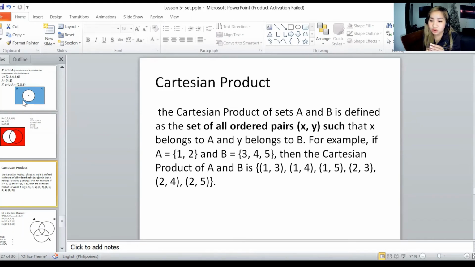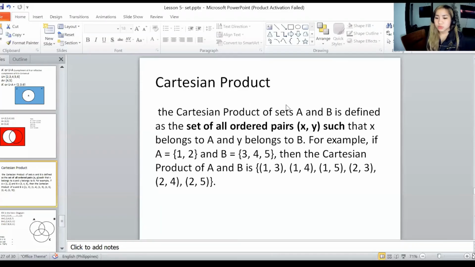Kung ang pinapahanap sa inyo is yung U tapos may minus A or reflective complement of A in universal, ibig sabihin, kung nauna yung U, ang magiging final answer nyo is yung mga elements na meron kay universal na wala kay set A. Ayan. So, we're done na si union, intersection, and complement. Dito na tayo sa Cartesian product.